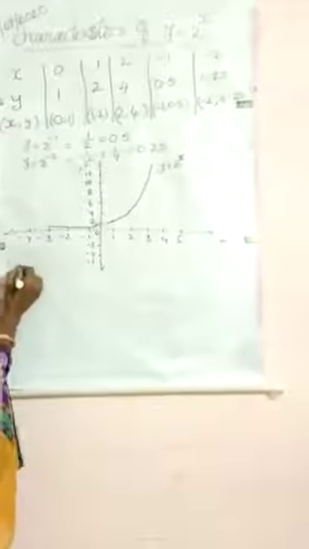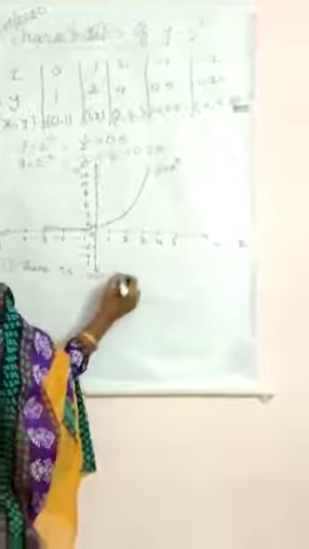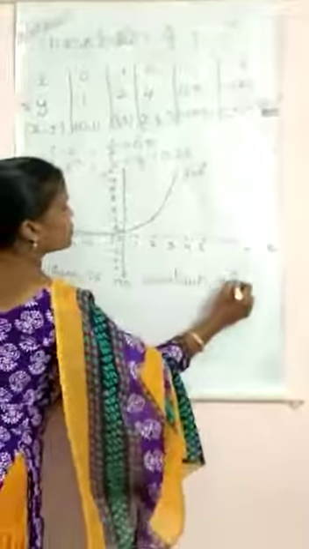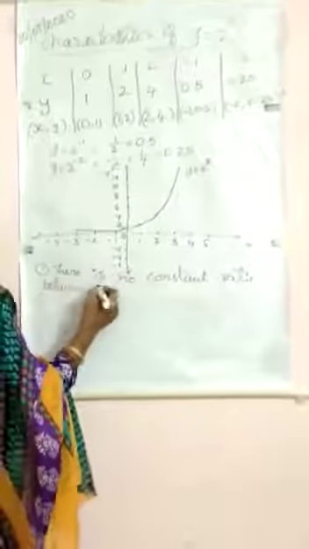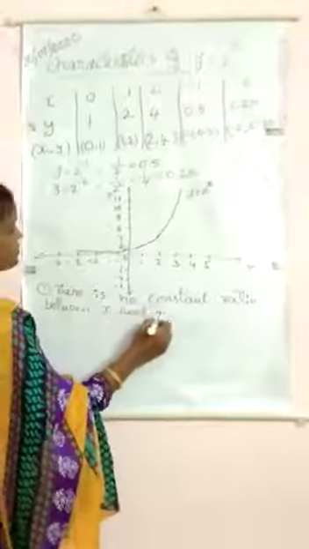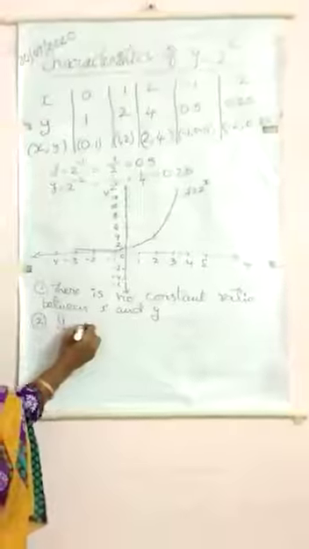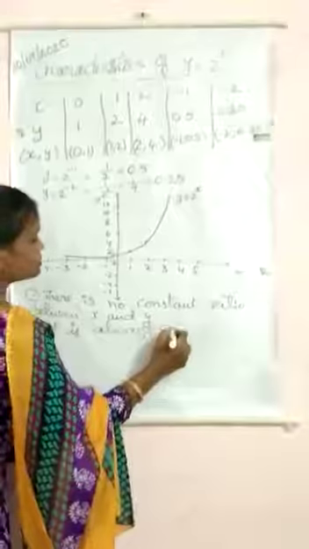The first one is there is no constant ratio, no constant relative change between x and y. The second one is y is always positive.